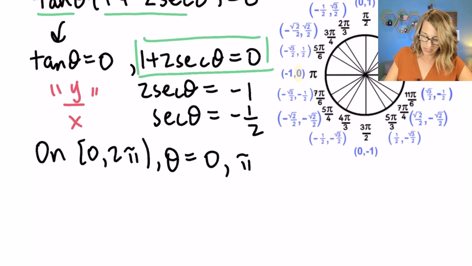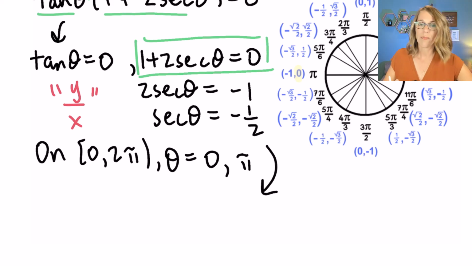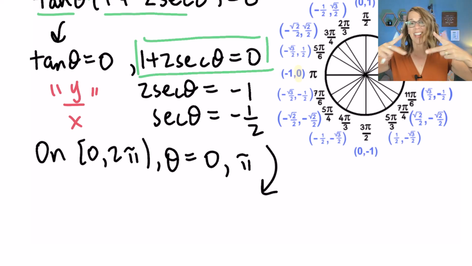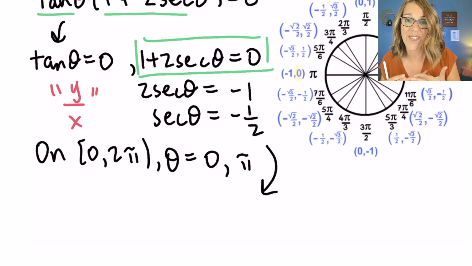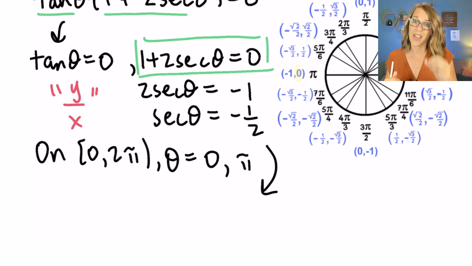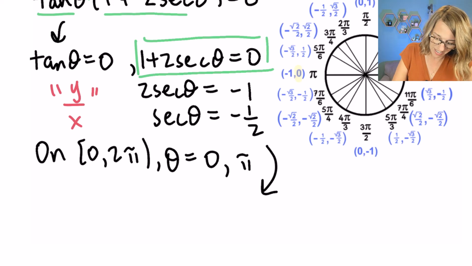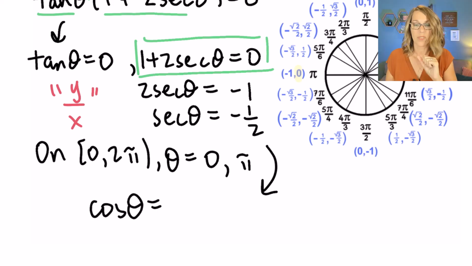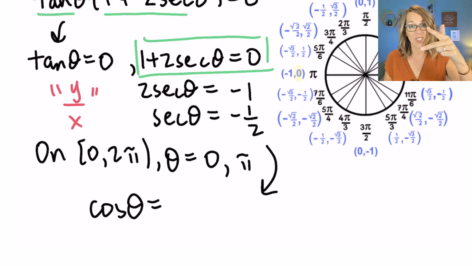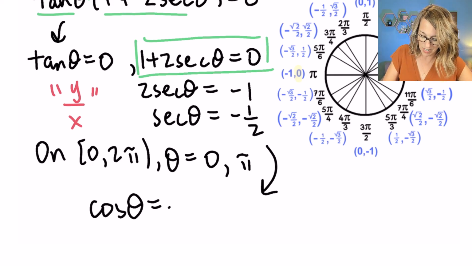Let's go ahead and put this down here. I'm going to reciprocate both sides. Just flip both sides upside down. I know that the reciprocal of secant is cosine, so I can write that as cosine theta is equal to the reciprocal of 1 over 2, which is 2 over 1. So the cosine of theta is negative 2 over 1.